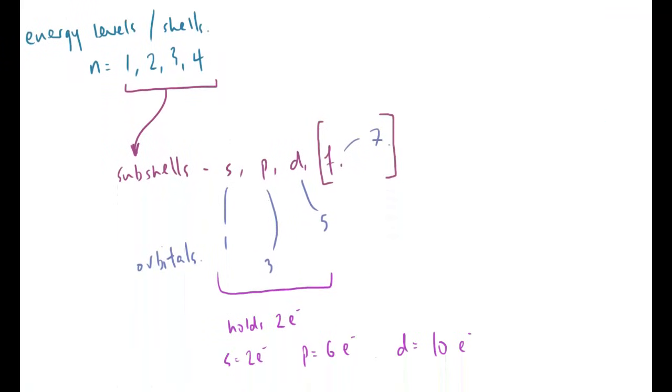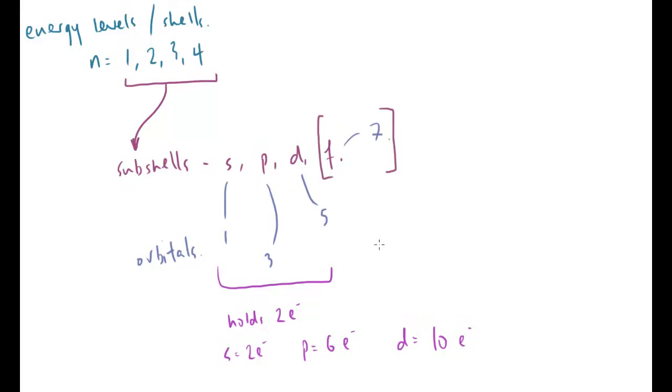The electrons can exist, as far as I'm aware, anywhere they really want to. What these orbitals are is the place where the electron is most probable. I think there's something like a 95% chance that the electron will exist within this area of orbital. So an orbital is an area of the atom where the electron is most likely to appear. Now you don't need to know that in an exam.